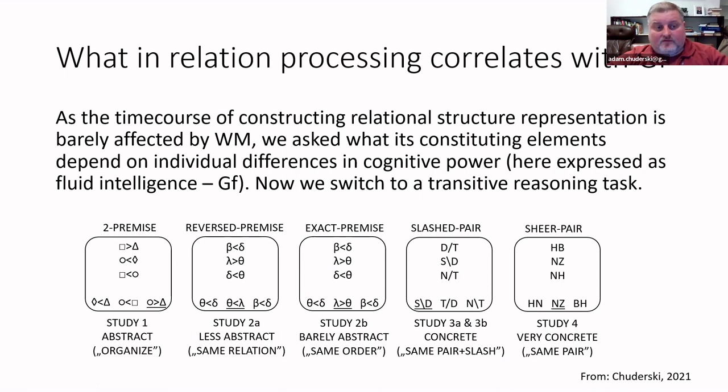So in our task, there were three premises. They defined a monotonic order that A is larger than B, B is larger than C, and C is larger than D.